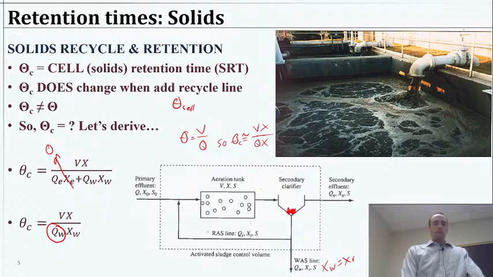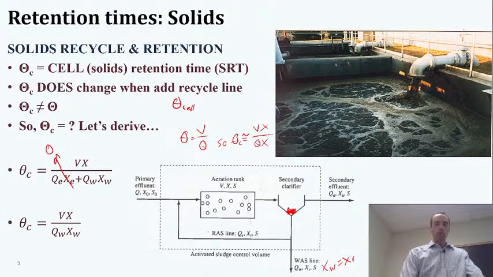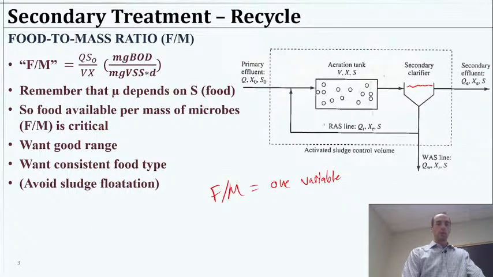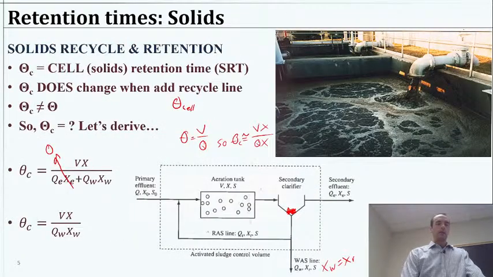Okay, so there's one equation that we will use. So we've got two so far. A minute ago we looked at the F to M ratio, that's the food to mass. Now we have the solids retention time.